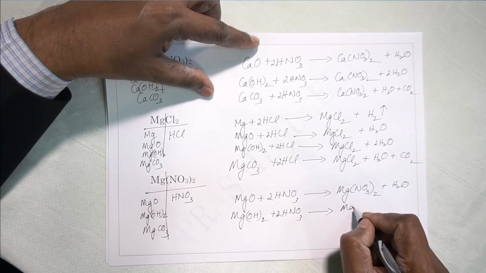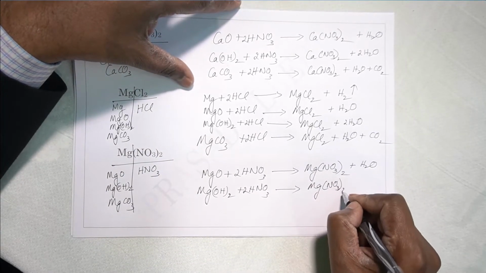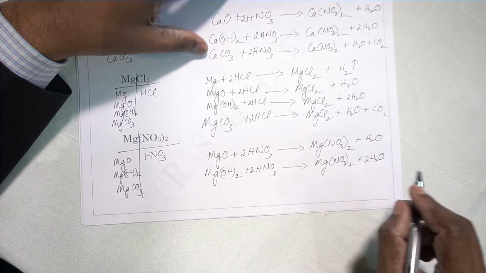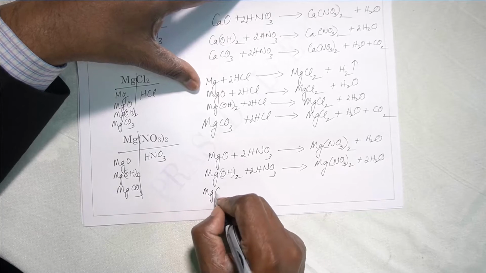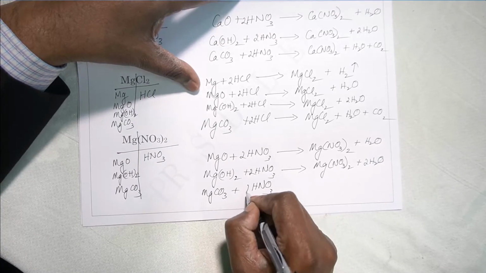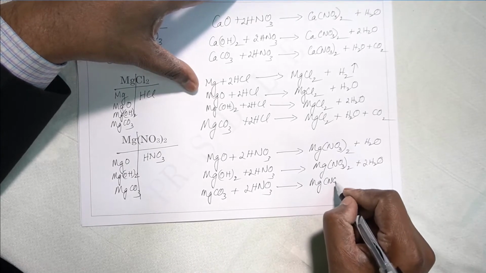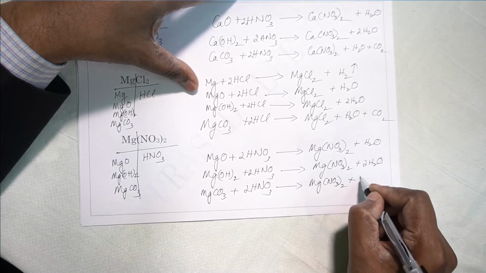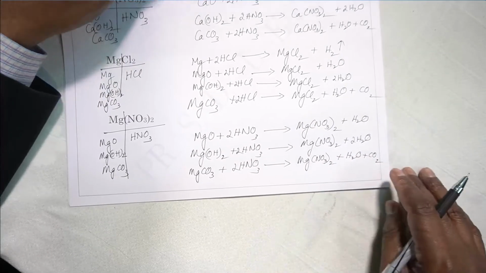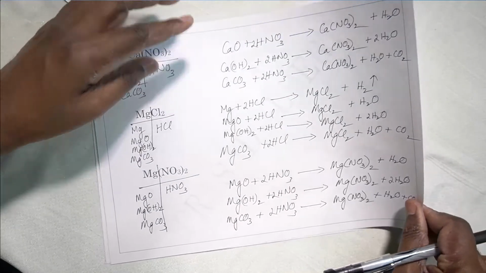So we get magnesium nitrate, Mg(NO3)2, plus 2 H2O. There are 2 OH groups, so there will be 2 H2O. Then we have metal carbonate, MgCO3, plus again 2 HNO3 required. You have magnesium nitrate, Mg(NO3)2, plus water plus carbon dioxide, salt plus water plus carbon dioxide. So magnesium nitrate is prepared by this method.